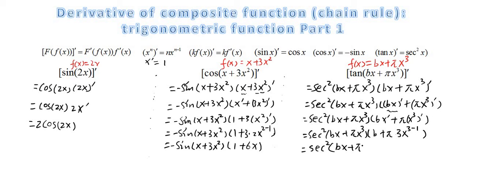We have secant squared of bx plus pi x cubed, times b plus pi times 3, that is 3 pi x to the power 2, or x squared.